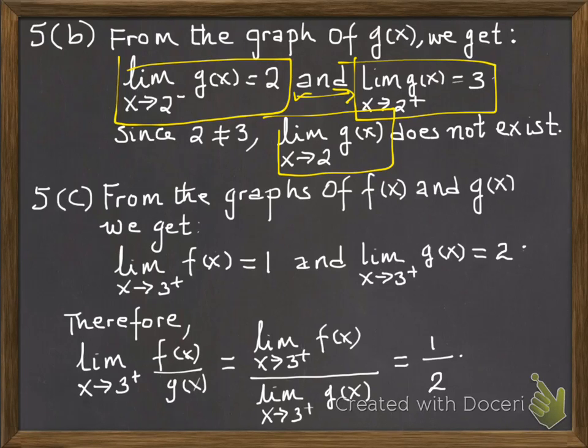The same holds for 5c. The question is, compute the limit of the ratio of f over g. Since f over g is not given, f and g are given in terms of graphs. So the idea is to split this limit, using the quotient rule, into the limit of the numerator over the limit of the denominator.